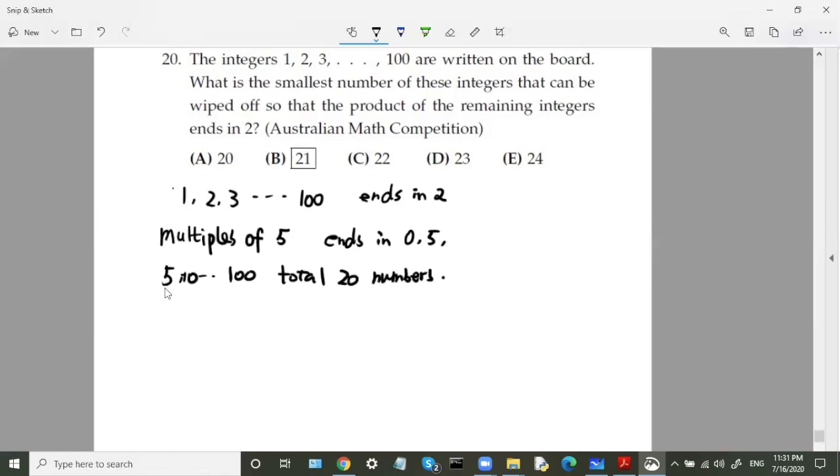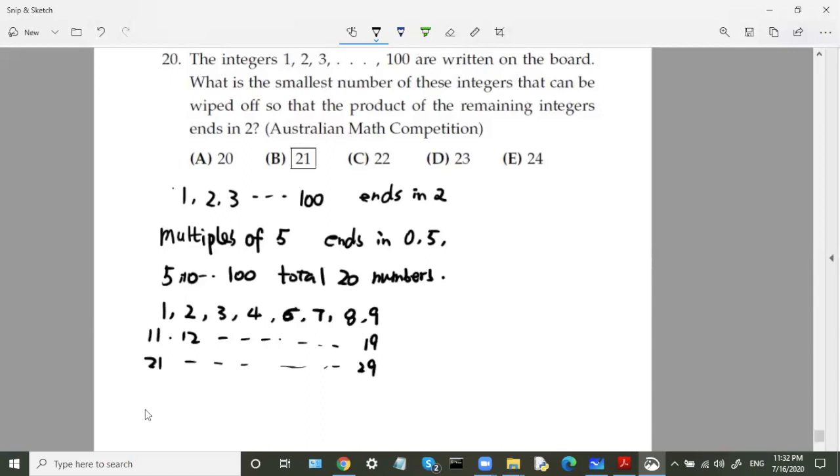After we wipe off the multiples of 5, we have the integers 1, 2, 3, 4, 6, 7, 8, 9, and 11, 12, until 19, and 21 until 29, until 91, until 99. So we have many integers on the board.